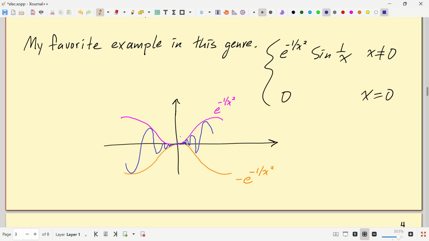Well, that e to the minus 1 over x squared dies away so fast that you can start using the squeeze theorem to compute derivatives of this thing. And you can show that the derivatives exist.